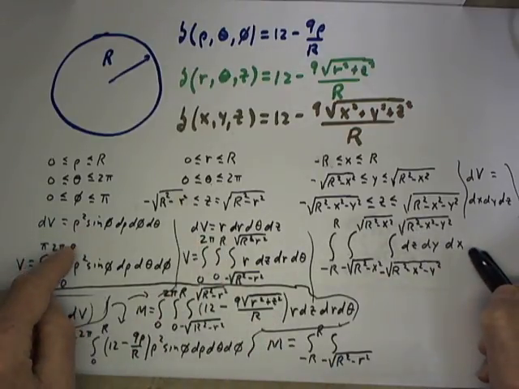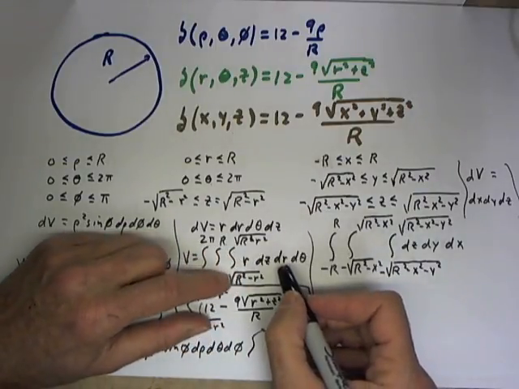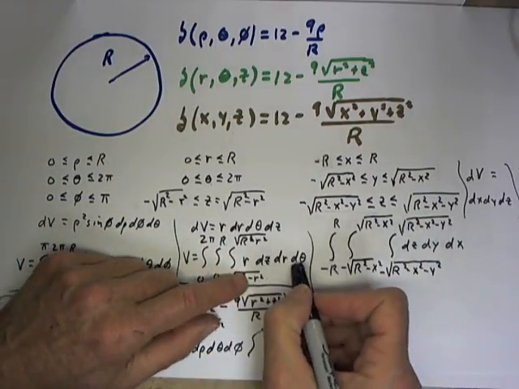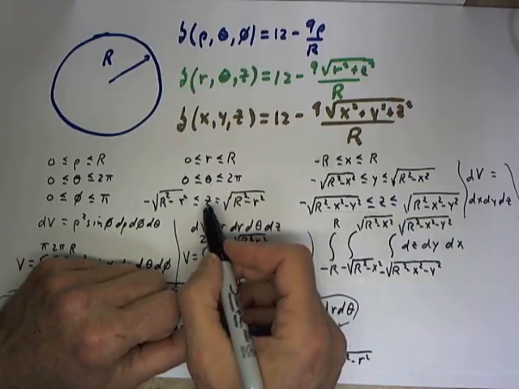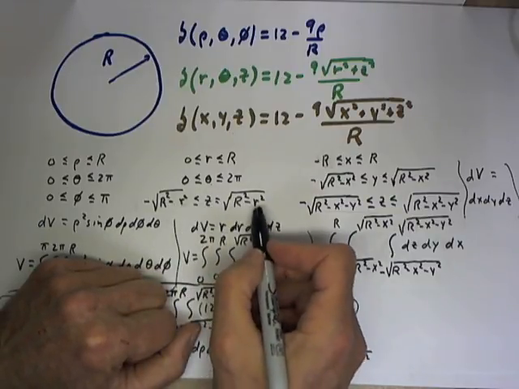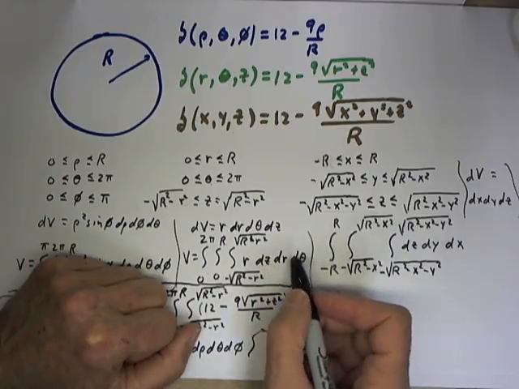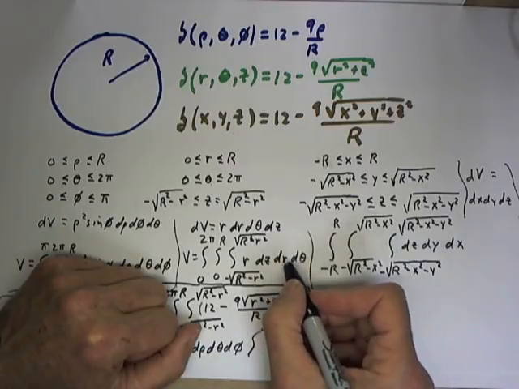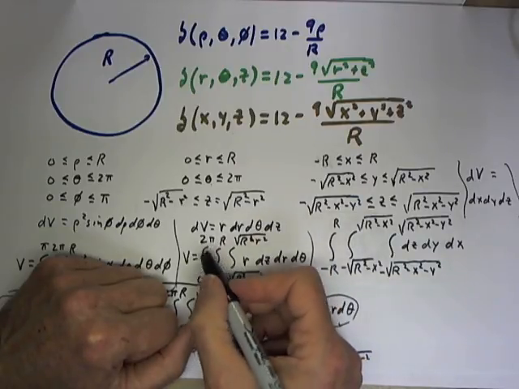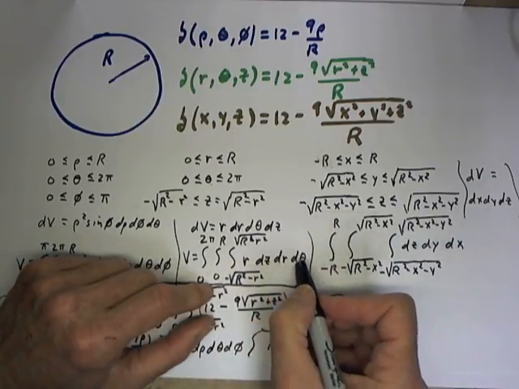Now, unlike in spherical coordinates, the order of integration does make some difference in cylindrical coordinates. Since our z limits depend on r, we have to integrate z before we integrate r or theta. Now, we could then integrate with respect to theta or with respect to r. It wouldn't make any difference because neither of these limits involve either of the other functions.